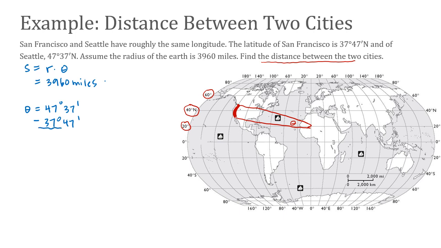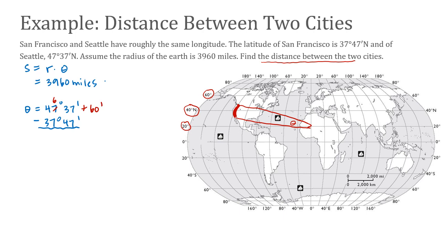The problem with this setup is that I can't subtract 47 minutes from 37 minutes. So I need to borrow. And we're going to recall that 1 degree is 60 minutes. So if I take away 1 degree, then I can add 60 minutes.